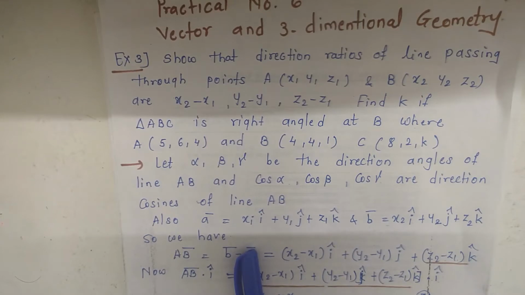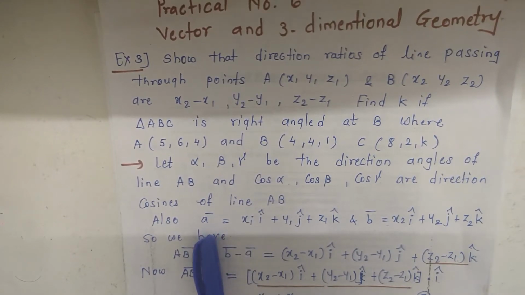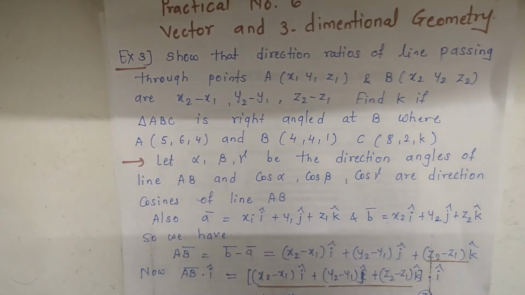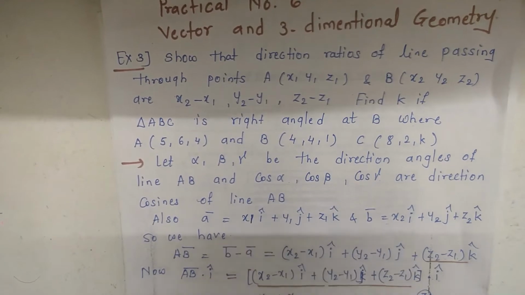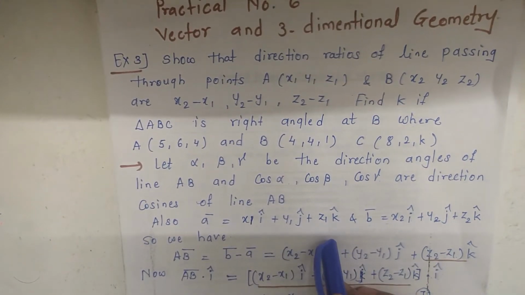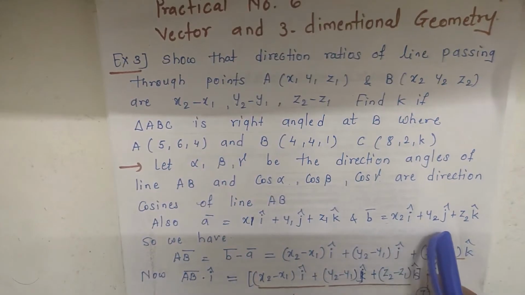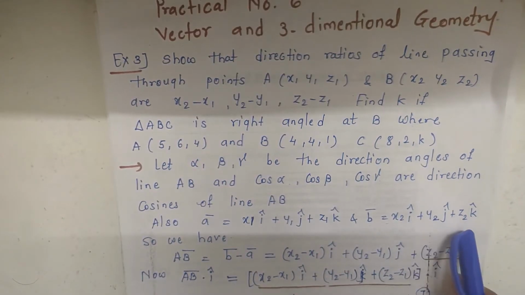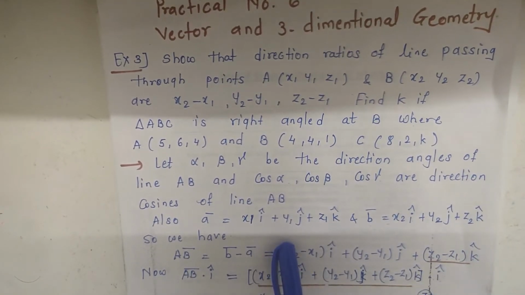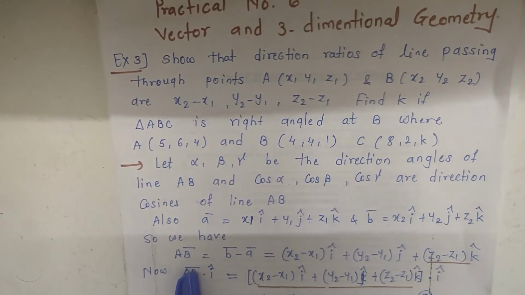For this, first we have to find the position vector of point A bar. So A bar is equal to x1 i cap plus y1 j cap plus z1 k cap, and B bar is equal to x2 i cap plus y2 j cap plus z2 k cap, which is given in the practical book.